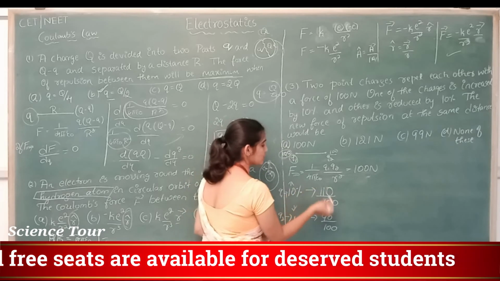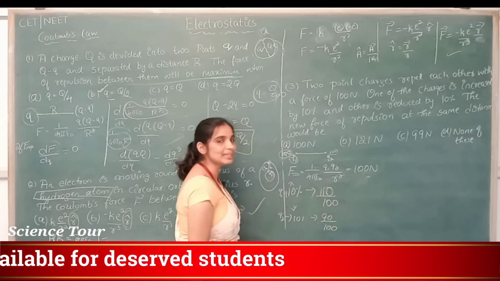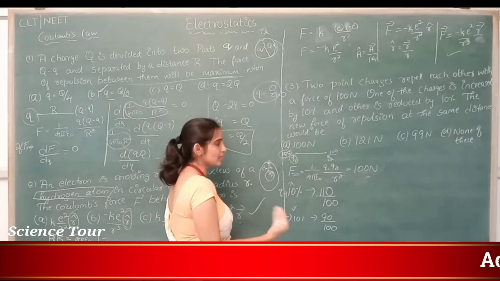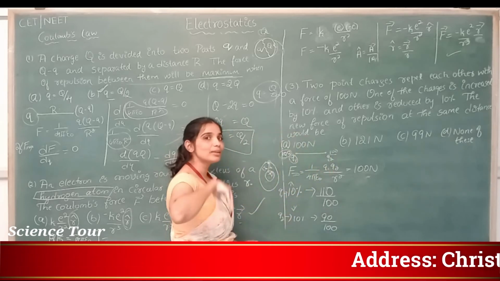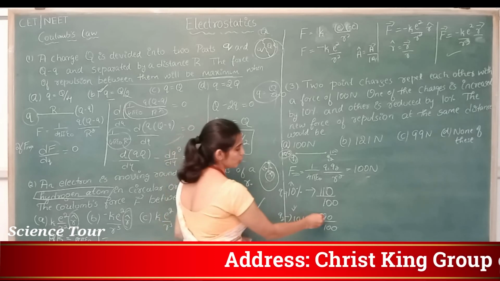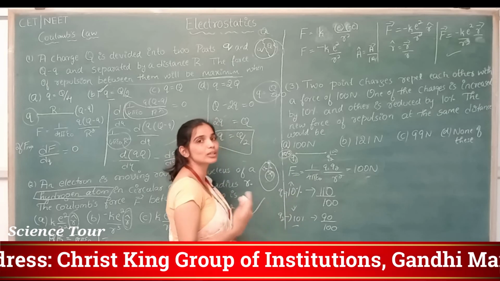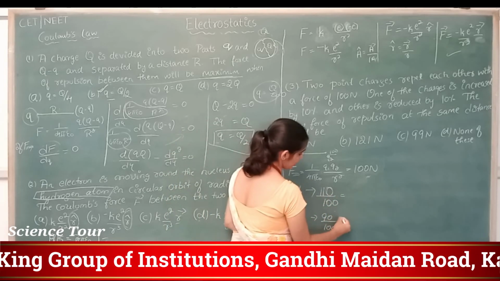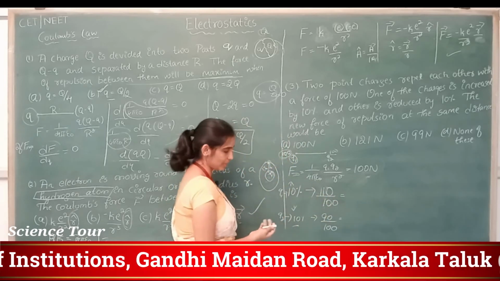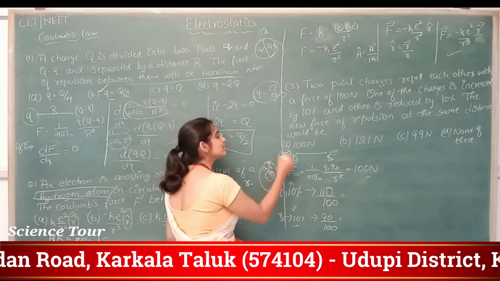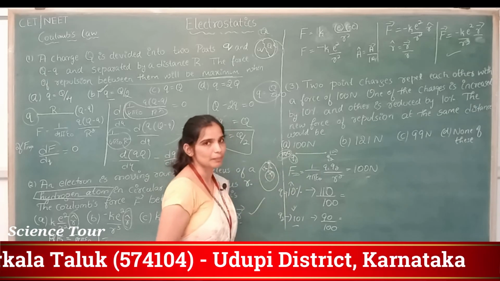Since it is percentage, 110 divided by 100. Q2 is decreased by 10%. It was 100 earlier, now it is 90. So 90 divided by 100, because this is in percentage, 10% should be converted. Here also the decrease of 10% should be converted. So 100 is a random number, you can take any other number also.